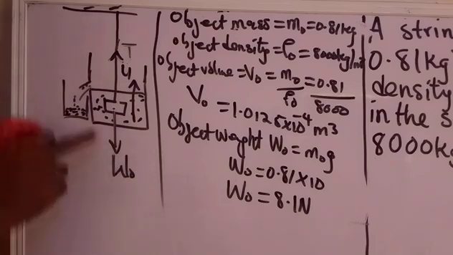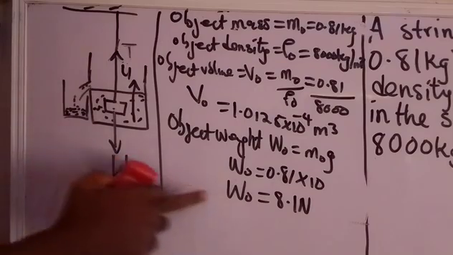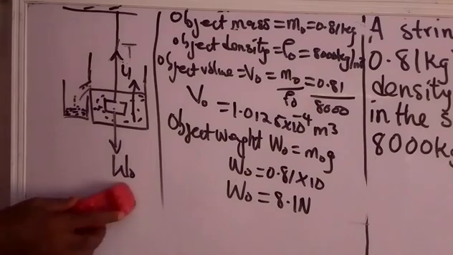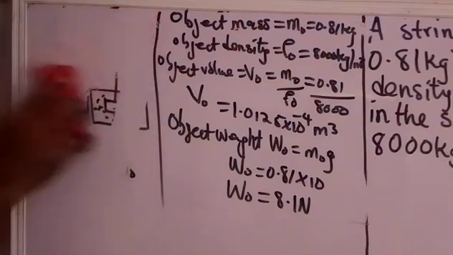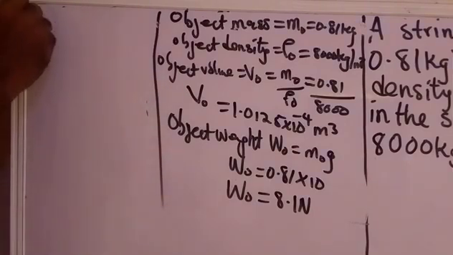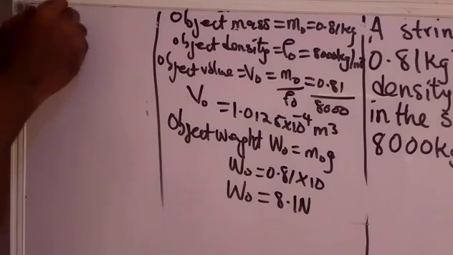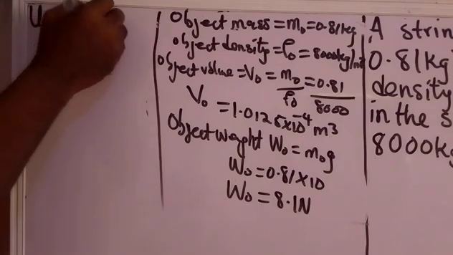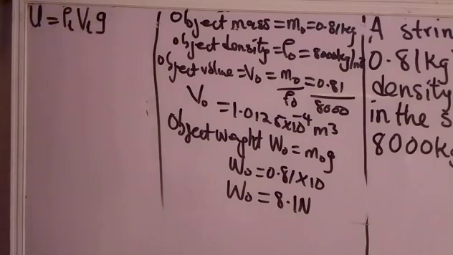Now, we're looking for this tension. We have the weight of object calculated. The next thing is, how do we find the value of upthrust? So I will clean this. You see, upthrust is density of liquid multiplied by volume of liquid displaced multiplied by acceleration due to gravity.